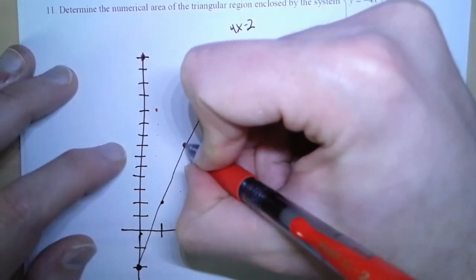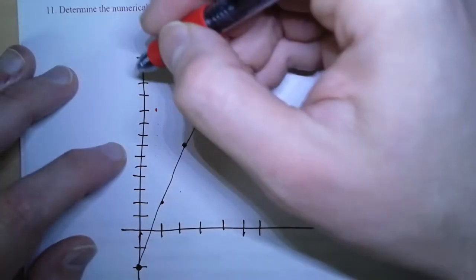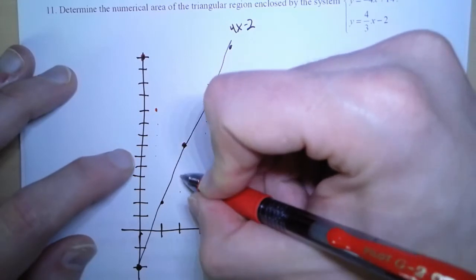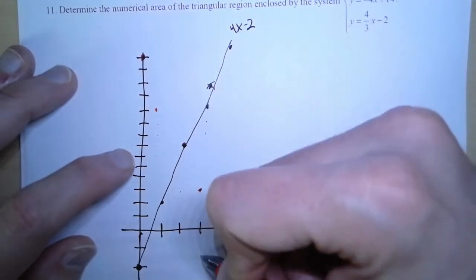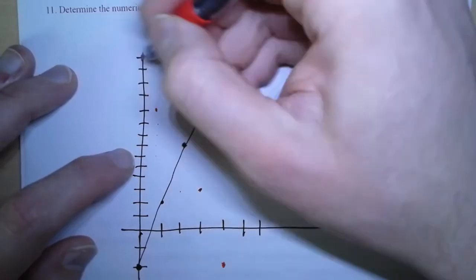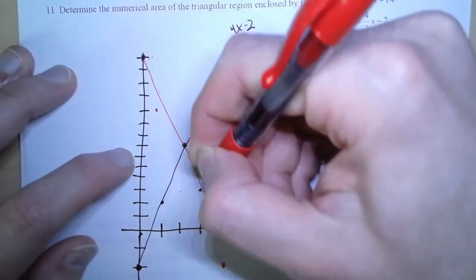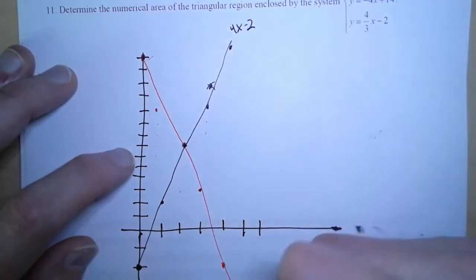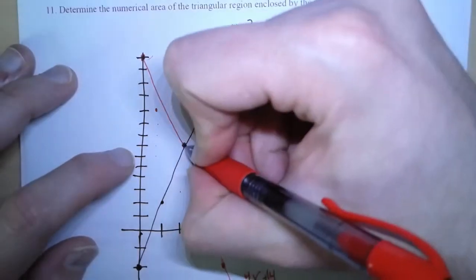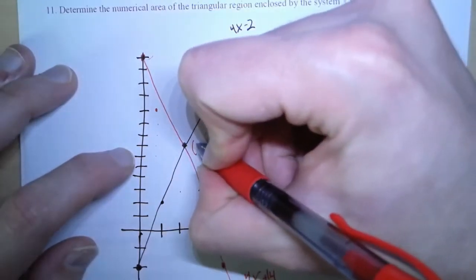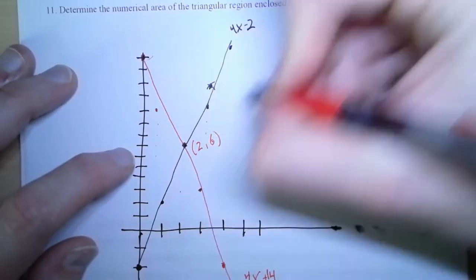So actually, this should be over there. And then we go down 1, 2, 3, 4, over 1. So this is negative 4x plus 14. And I want to make it a point to label this spot where they intersect, 2, 6.